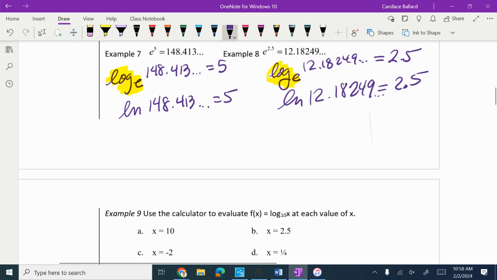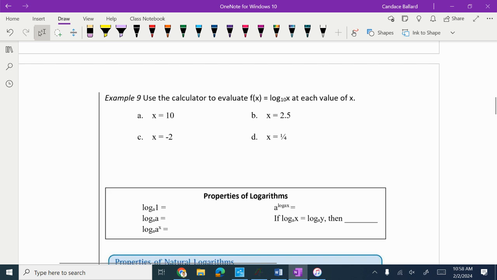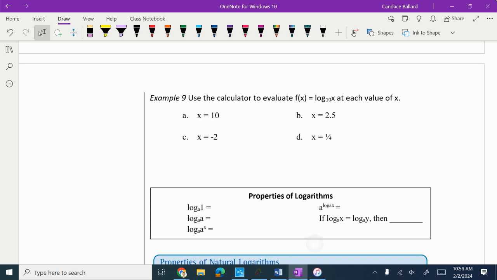Okay, this part here was not in our I can statements, but you need to know how to do it. We're going to practice putting these in Desmos really quick, on how to evaluate this using a calculator, because at some point you might have to, I'm guessing in chemistry, evaluate these. So I'm going to rewrite.